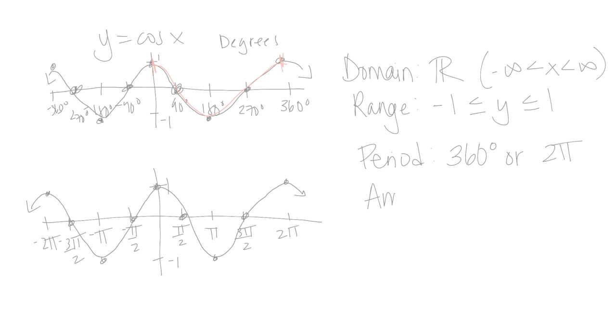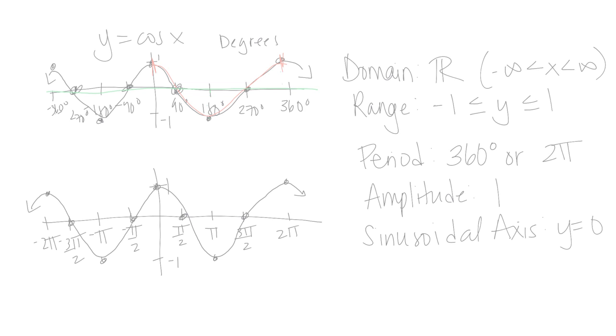Our amplitude is still going to be the distance between the sinusoidal axis, which is here again, to the max or the min of the graph. So that's 1 apart again. So our amplitude is 1. Sinusoidal axis, I just marked it out. It's the same thing. Y equals 0, it's the x-axis.